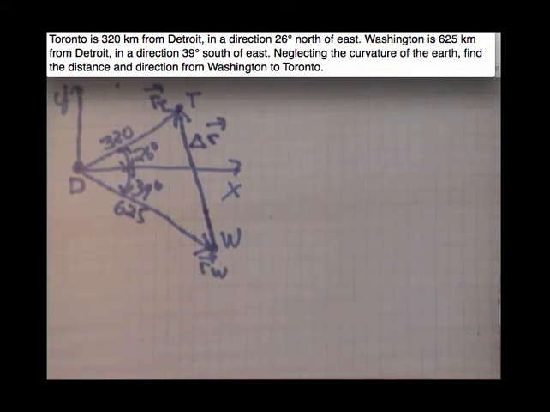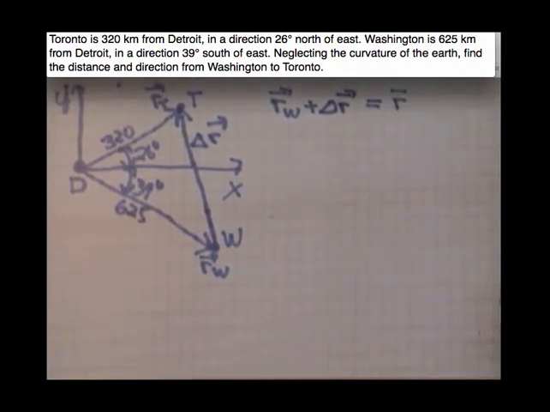What you can see from looking at this diagram is that mathematically, if I start in Detroit, I take a trip to Washington, so I've changed my position by a vector r sub w, and then I take another trip with a displacement of delta r, I end up in Toronto.